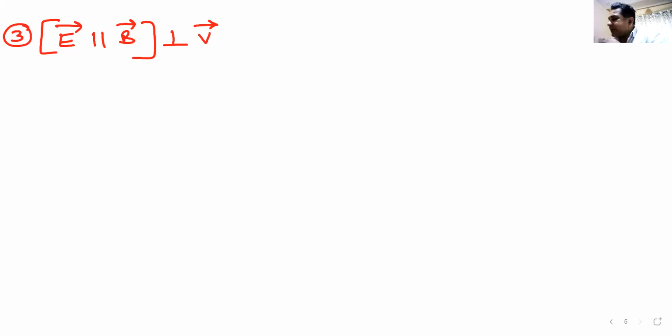Circular and projectile, no, sir. Let me bring this scenario in this way. For example, I have V like this. I probably mixed the two scenarios. I have V like this, and I have a magnetic field like this.